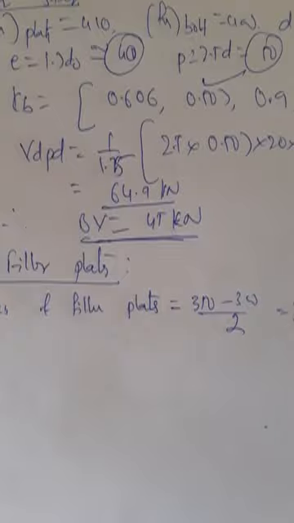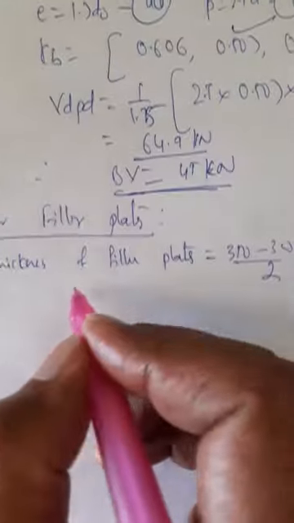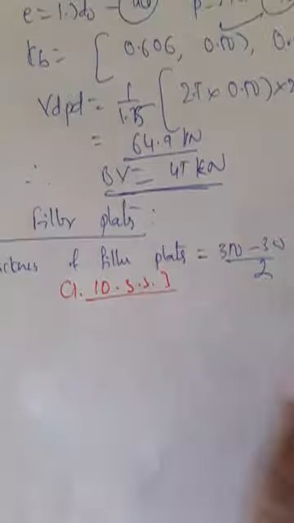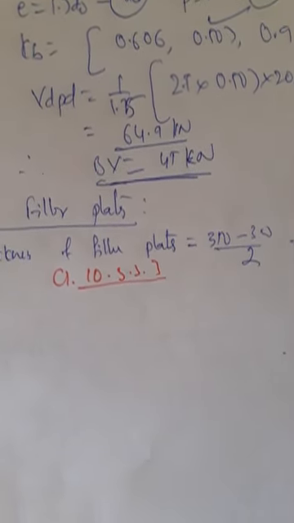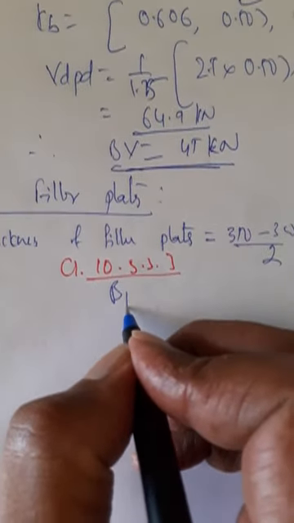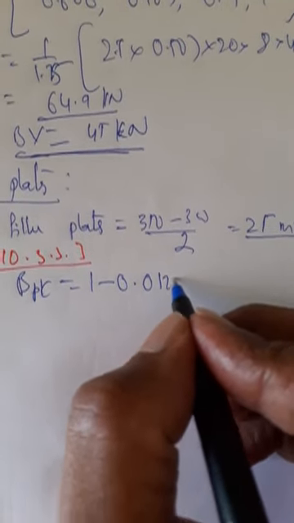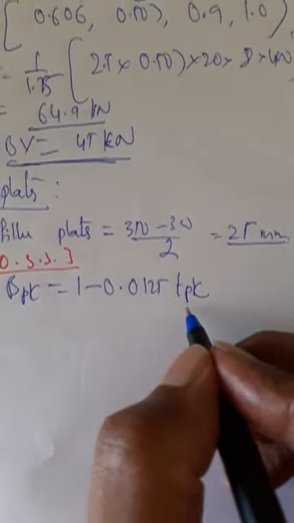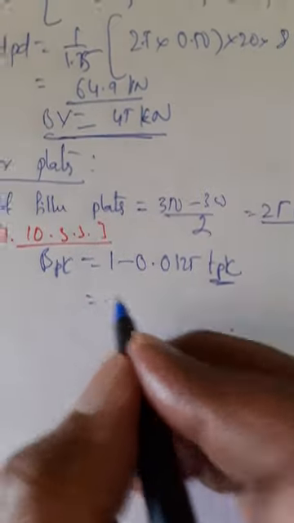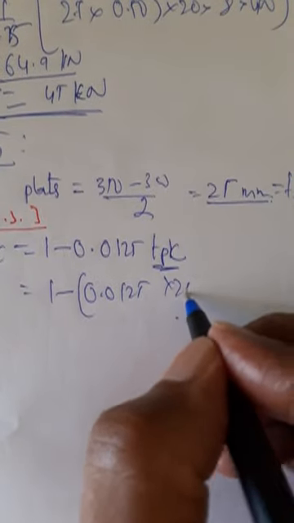Now in case of filler plate, there is reduction in strength, and that reduction in strength is given by clause 10.3.3.3. Already you have used this in design of bolted connections. So reduction factor beta pk is given by 1 minus 0.0125 tpk, where tpk is thickness of filler plate, is equal to 1 minus 0.0125 into 25.